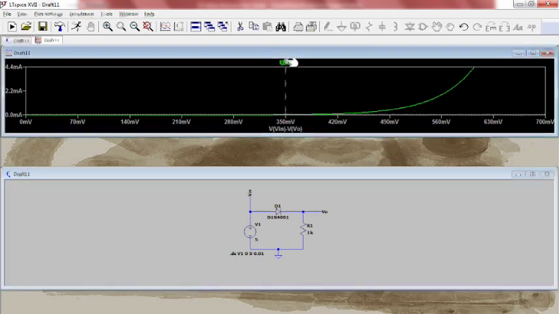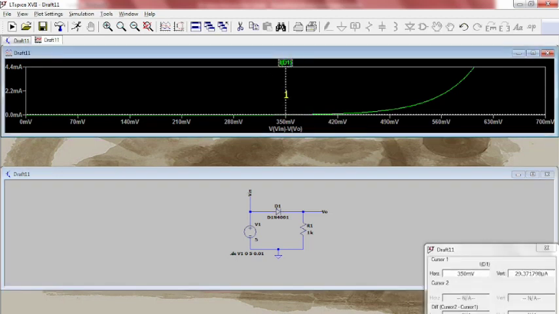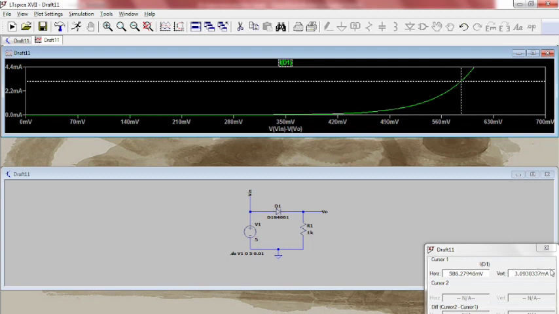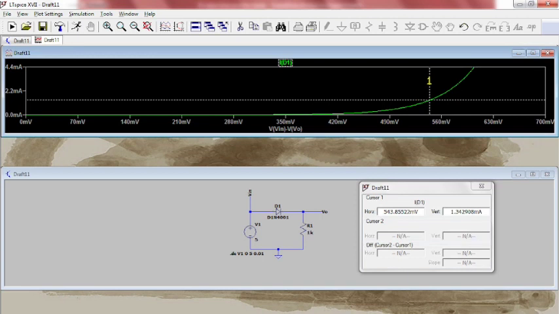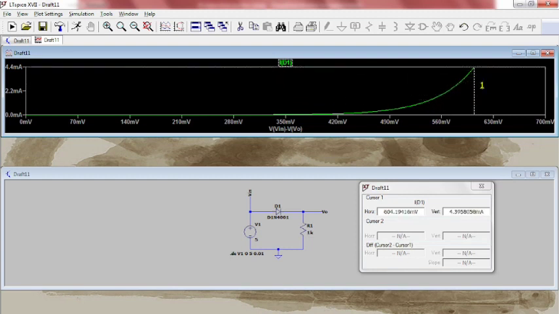Just click on the cursor and move it. Then we can find out the proper value of current and voltage from this table. Instantaneous values of current and voltage we can measure. The maximum voltage is 604 millivolt, that means 0.6 volt, and the maximum current obtained is 4.4 milliamp.